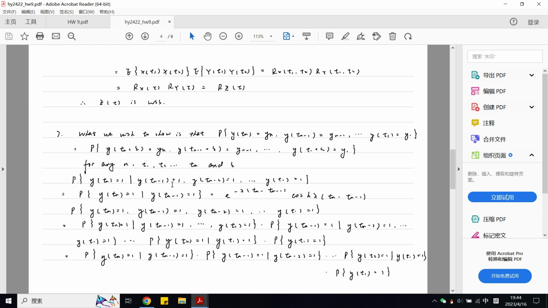So in this question, we can suppose that for y_1 to y_n, the value of this term is 1.